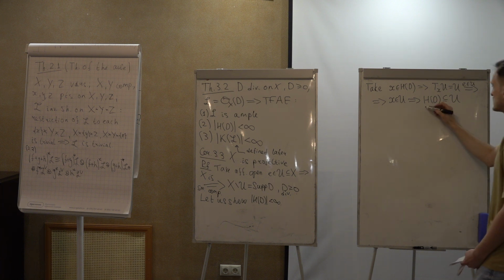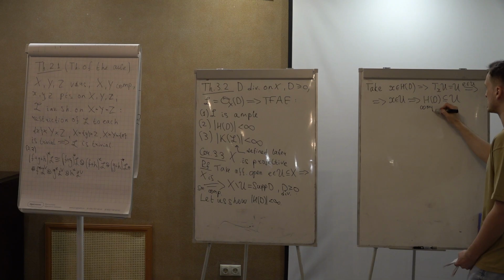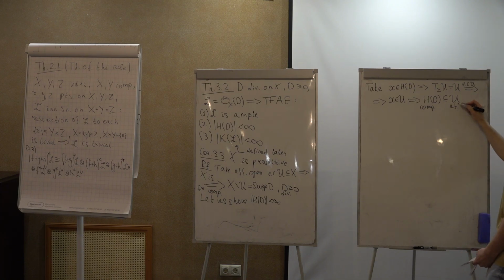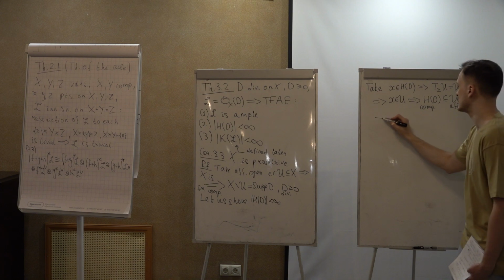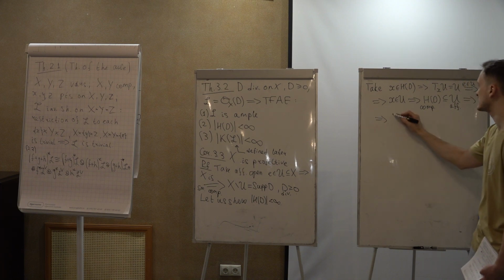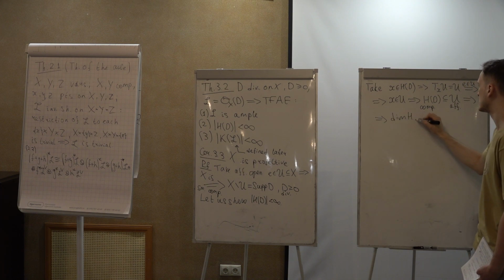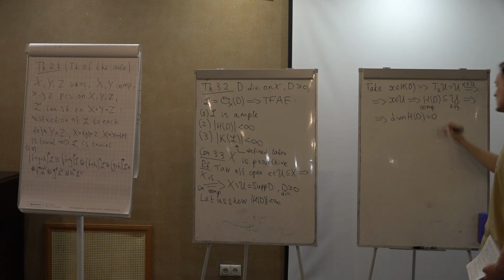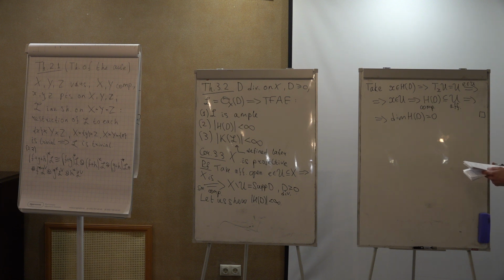We mentioned that this is closed, so this is complete. And this is affine. Well, it's complete, but it may not be a variety, it may be reducible. So that just implies that its dimension is 0, right? So it's fine. Okay, is it clear?